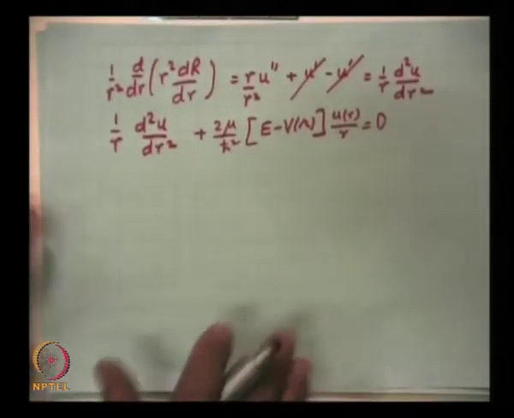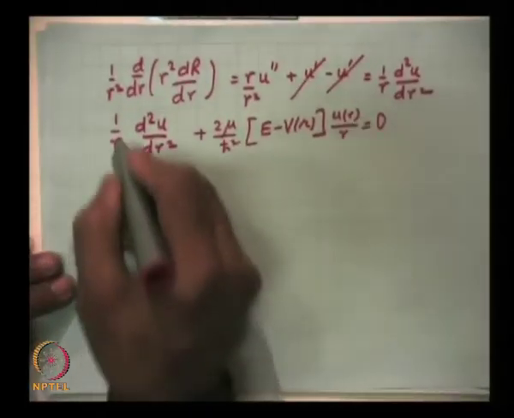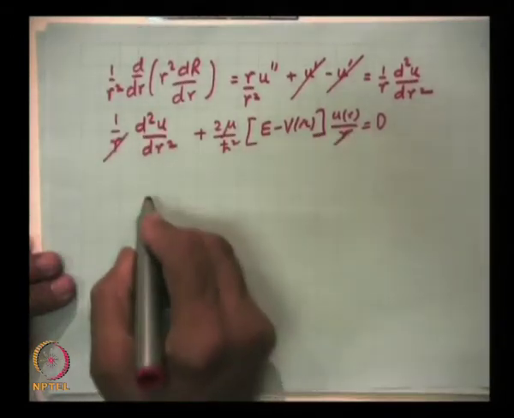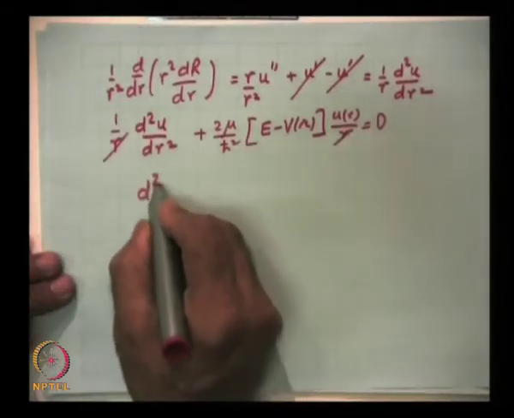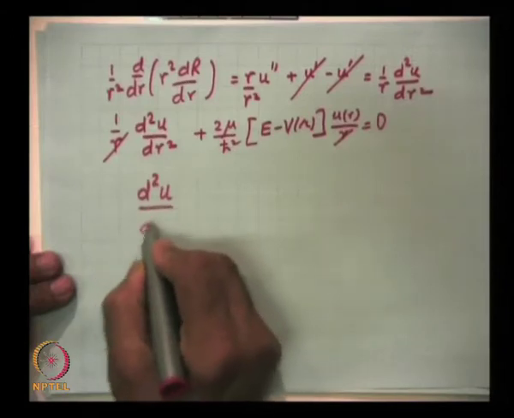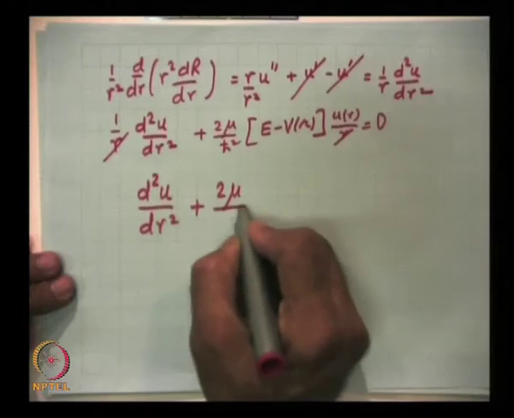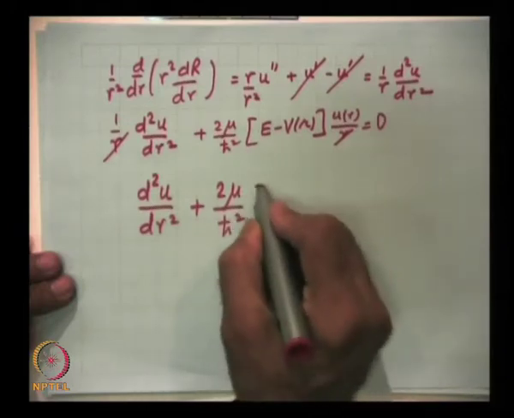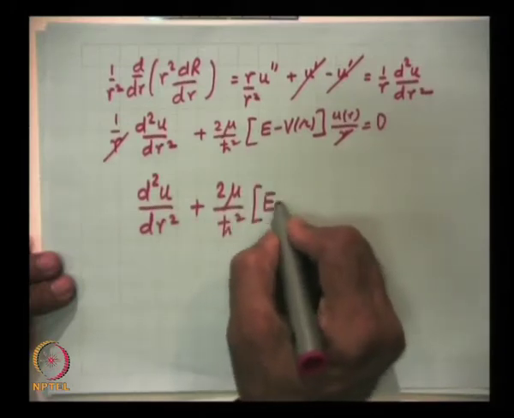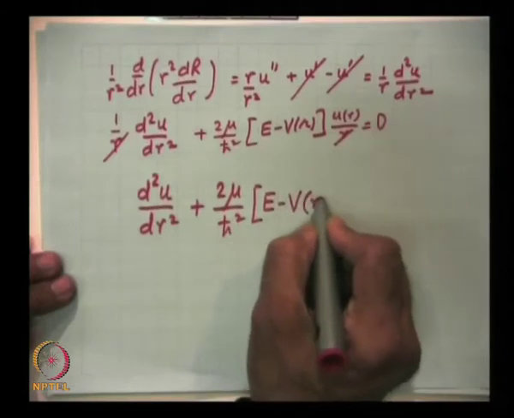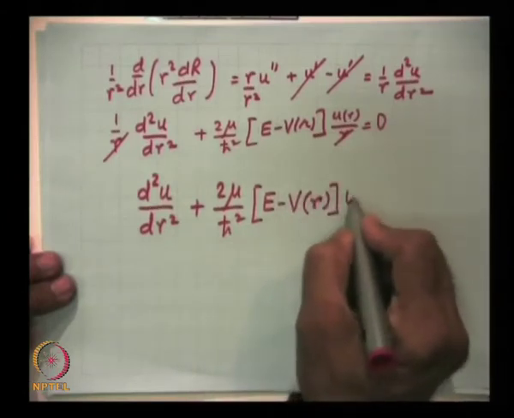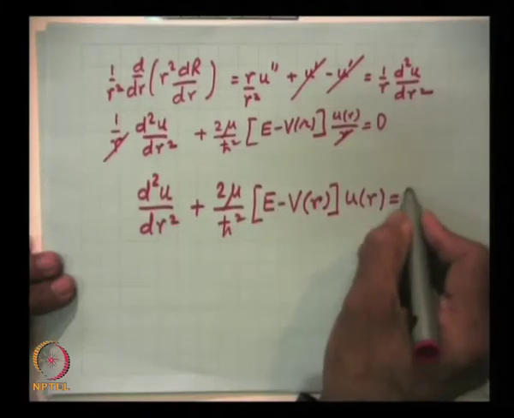Why am I doing all this? I am trying to tell you that r cancels out. So, d2u by dr square plus 2 mu by h cross square times E minus V of r, times u of r, is equal to 0.